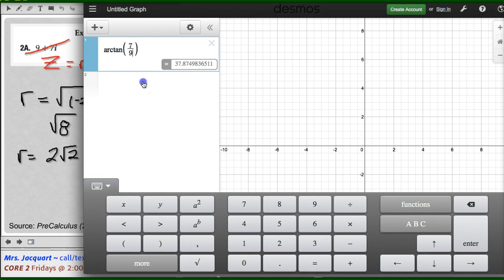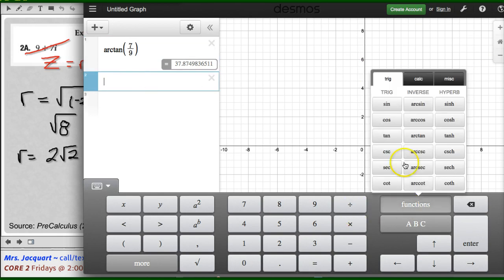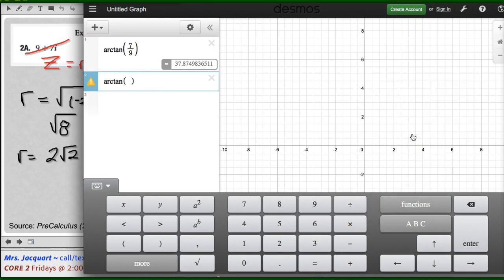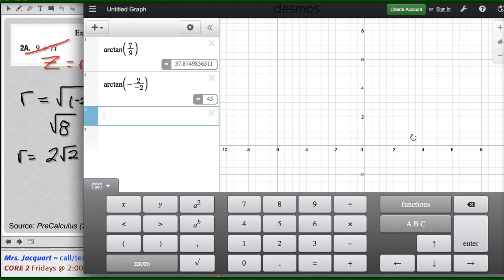Let's do arctangent of -2 divided by -2. And that is 45 degrees. So we have 45 degrees plus 180.